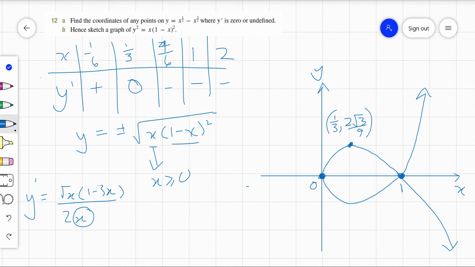So that makes sense that we've only got that side. And also we knew that as x goes towards 0 from the right hand side, it's undefined. The top is kind of winning, so it's going to be a positive gradient just to the right of it. So this looks fine. This looks good for this curve.